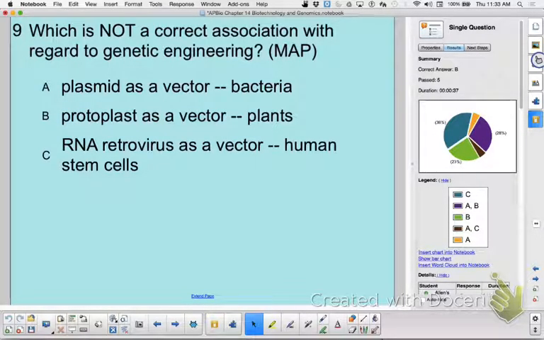They can accept a vector. So here's a cautionary tale. The more you know, the more those distractors can be distracting. Right? Because you're like, oh, I've heard of protoplasts. Yeah, it has something to do with plants. Okay, yeah, that's right. You need to think through. Always go back and go, what are they asking? What are they asking? And then go back and look at that. Because you know viruses and plasmids are your two vectors.